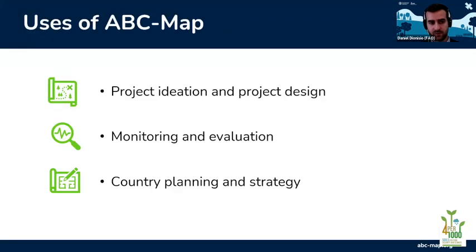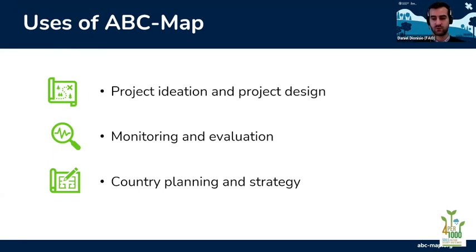ABC Map has been designed for the project ideation and project design phases. It's a tool that, as we will see, is very easy to use, and you get results very quickly. As the first step in your project ideation, you get an idea of the current status of the land in the area of interest and the expected impact of your project.